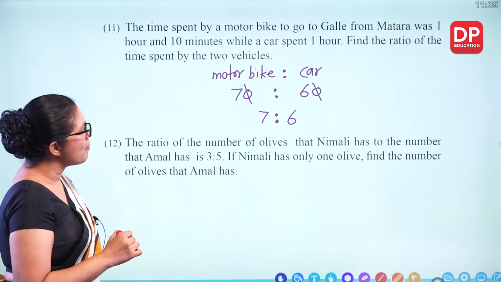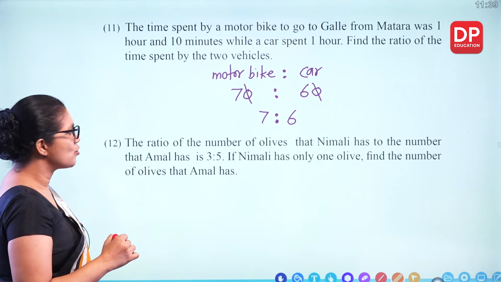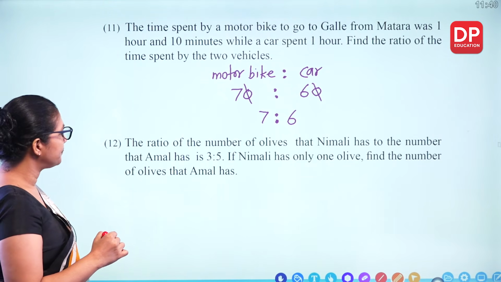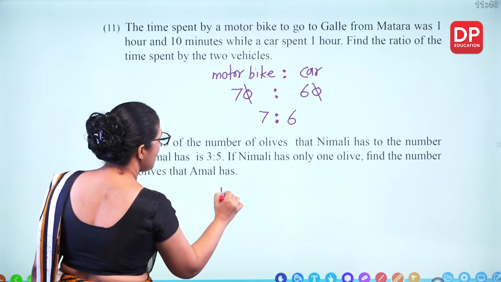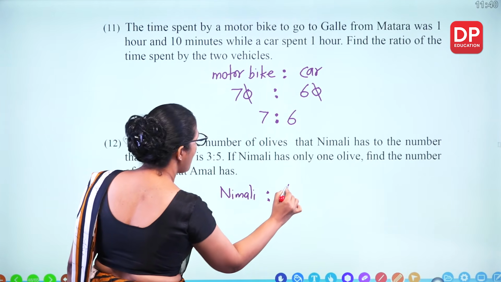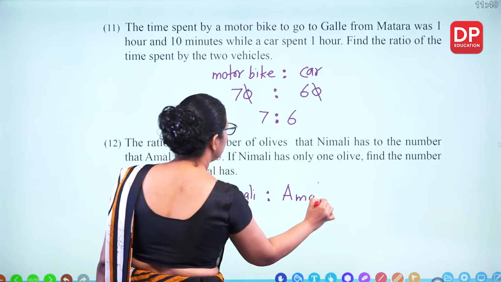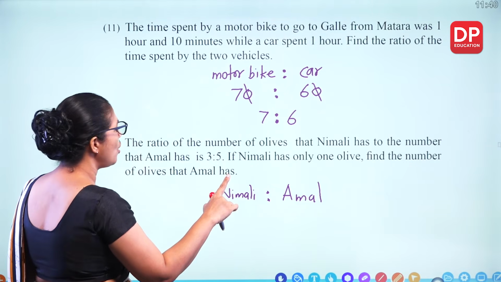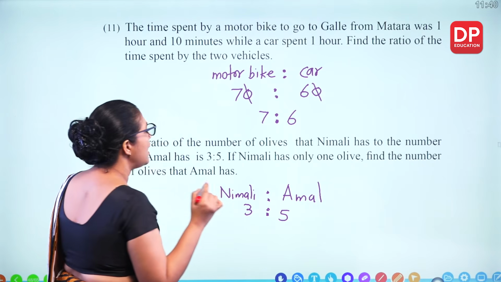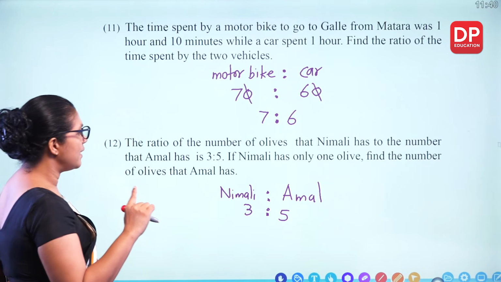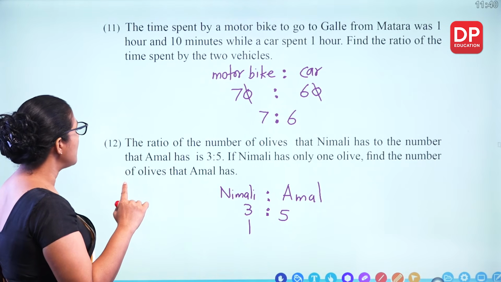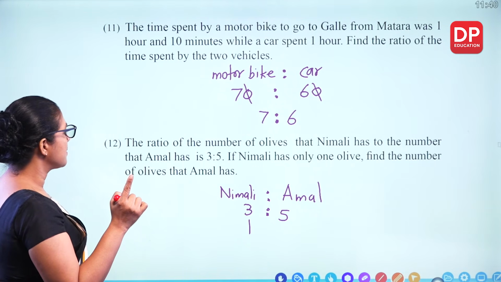The ratio of the number of olives that Nimali has to the number that Amal has is 3 to 5. Nimali to Amal. What's the ratio? 3 to 5. If Nimali has only one olive, this becomes 1. Find the number of olives that Amal has.